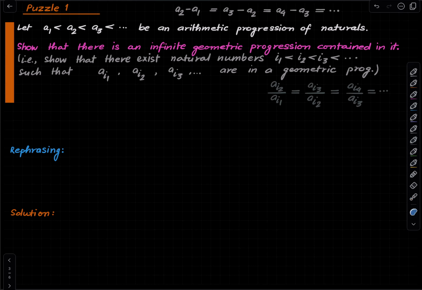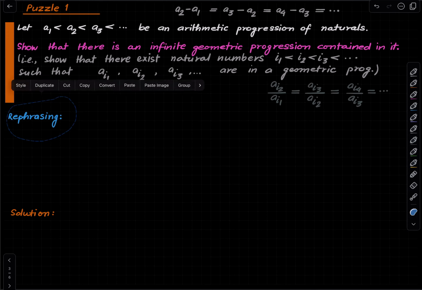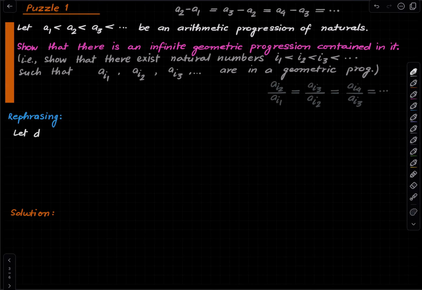Okay. So let's rephrase the problem a little bit. Fix a positive integer d and a positive integer k.